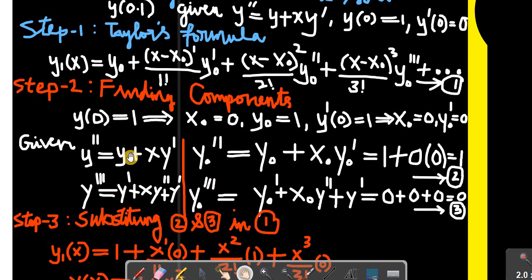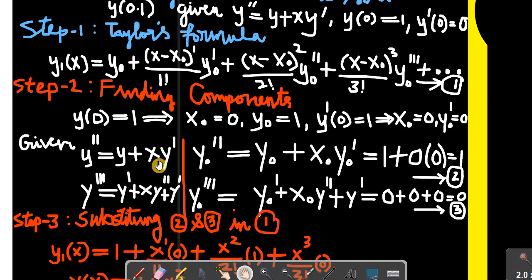Similarly, here I am taking the value of y at x equals 0, when the initial value is 0. Plus, now look at that. This is x given. So what is the value of x when the initial value is given? x naught, and that's what I have written here.